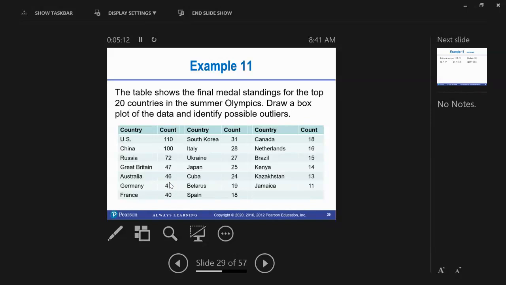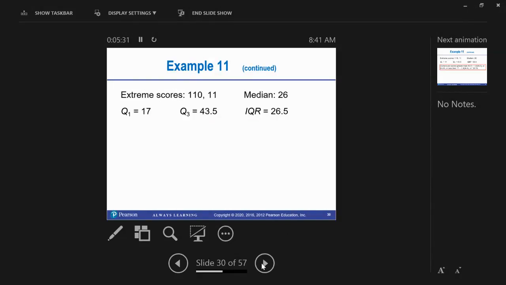Does that sound right? Okay. And then let's count 1, 2, 3, 4, 5 here. And 18 and 16, what's the middle of those? That one's a little easier to figure out in your head. That's going to make 17. So my median is 26, my Q1 is 17, my Q3 is 43.5.